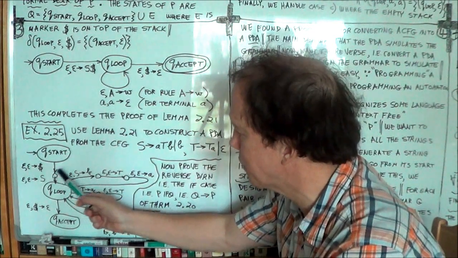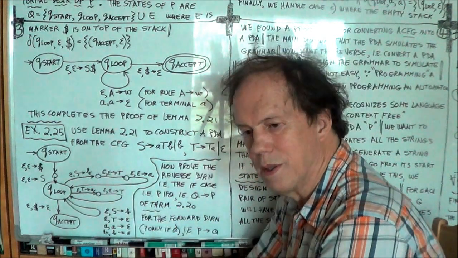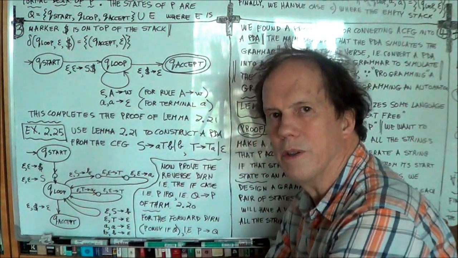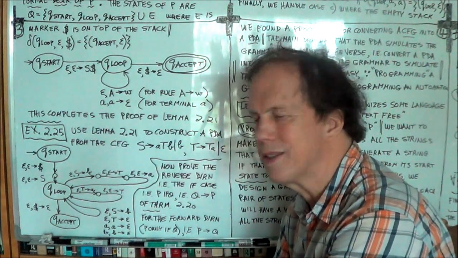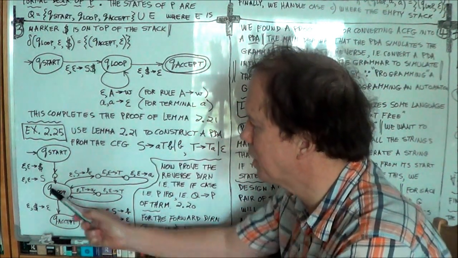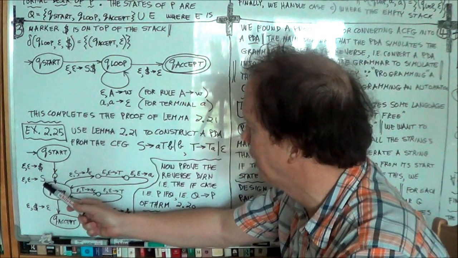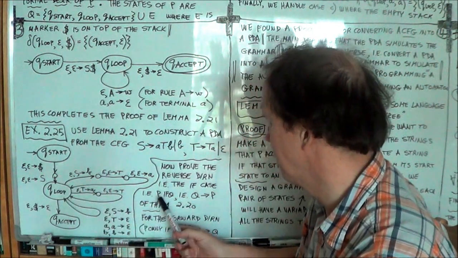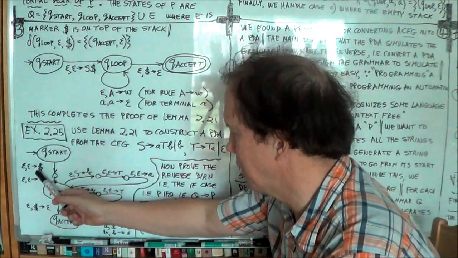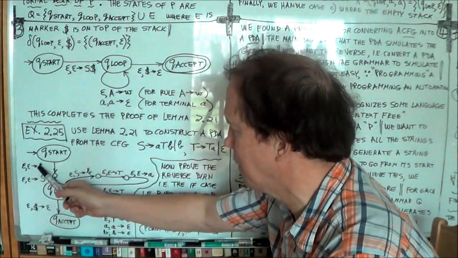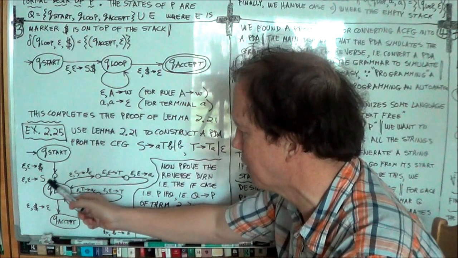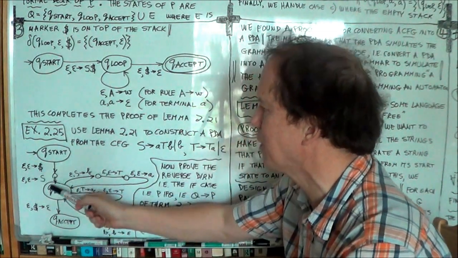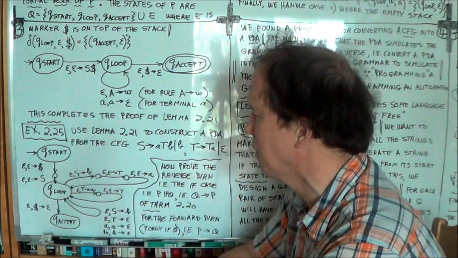Now these little circles represent auxiliary or extra supplementary states. Now you're pushing $S to get to this state. We did that earlier, so that's nothing new.